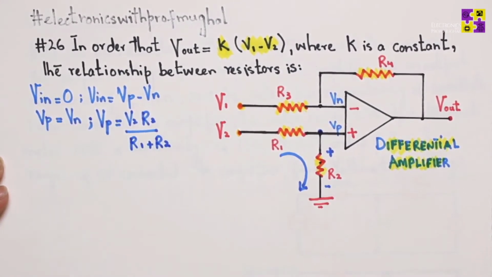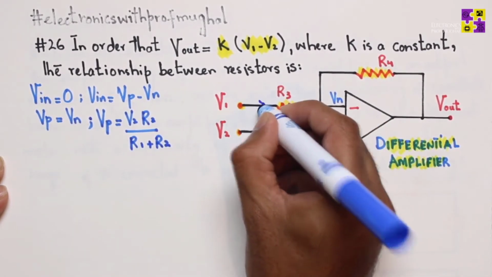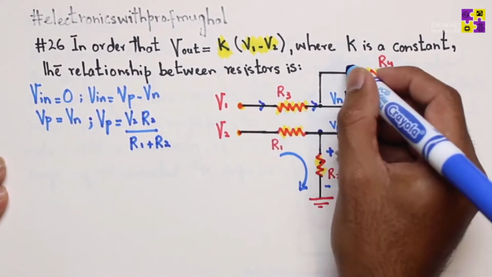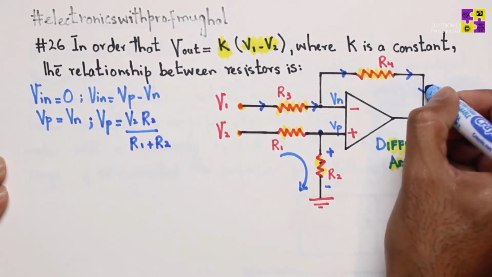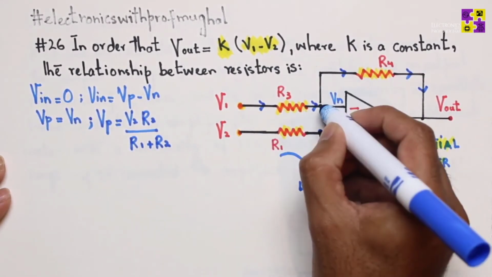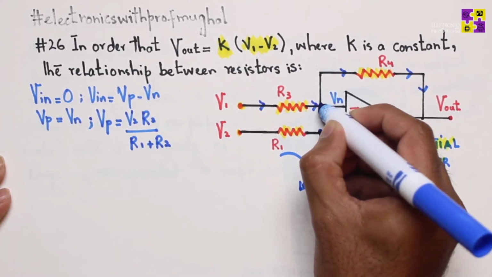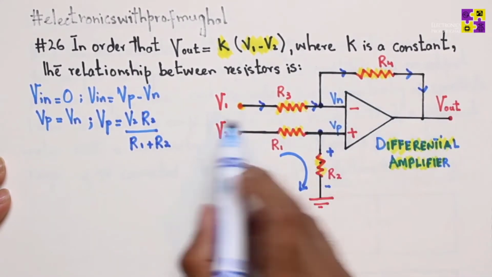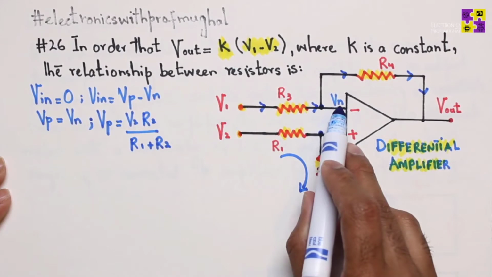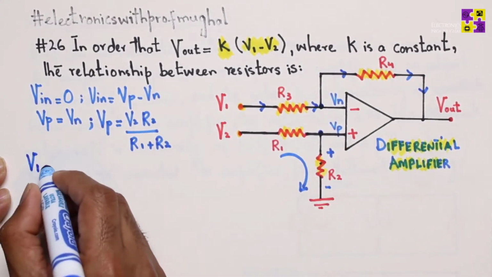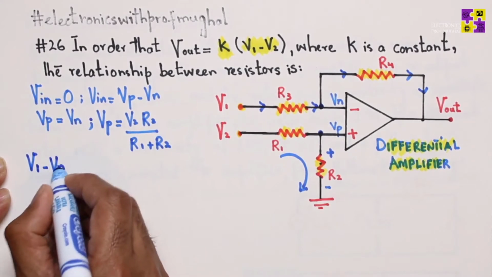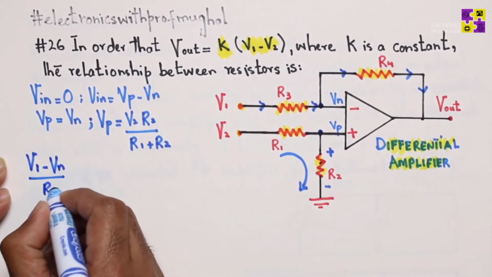Okay. Now we're going to look at this part of the circuit and apply KCL. The current entering this node is basically V1 minus Vn over R3.